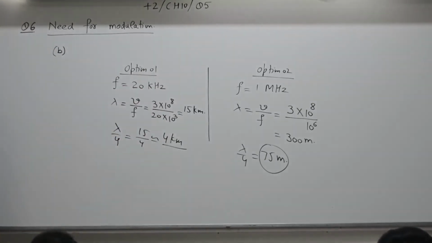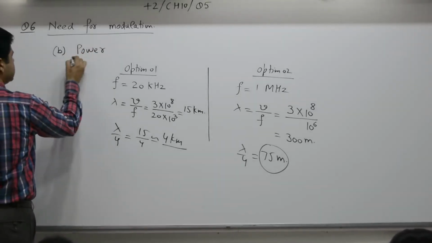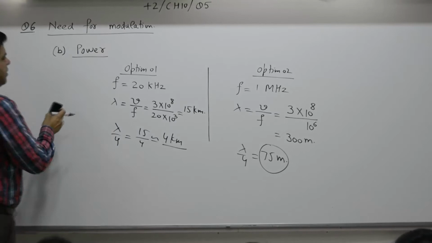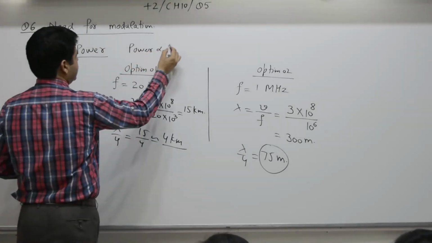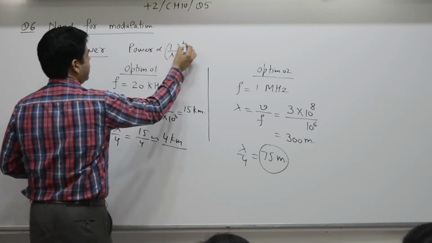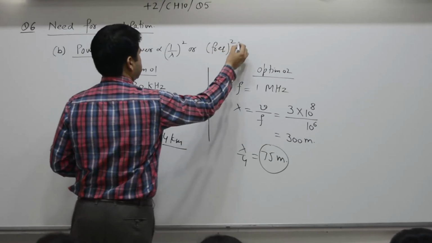Second point is effective power radiated, or you can say the issue is power. Power is proportional to 1 by lambda squared, or proportional to the square of the frequency.